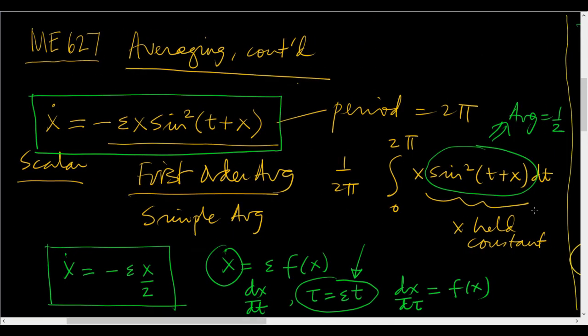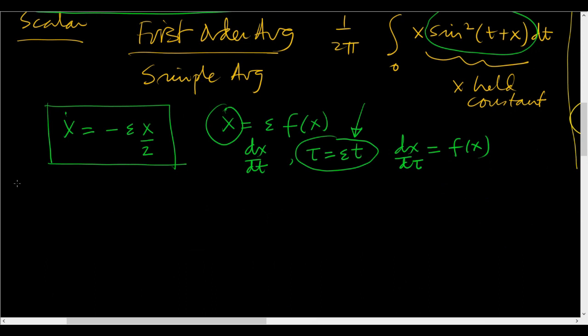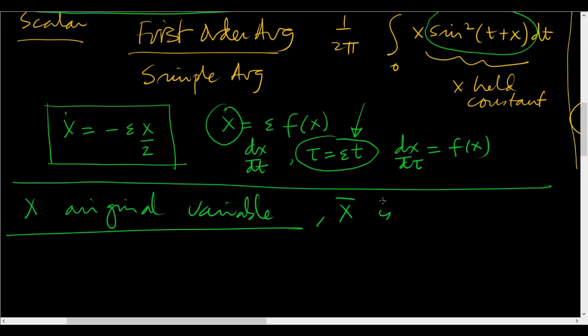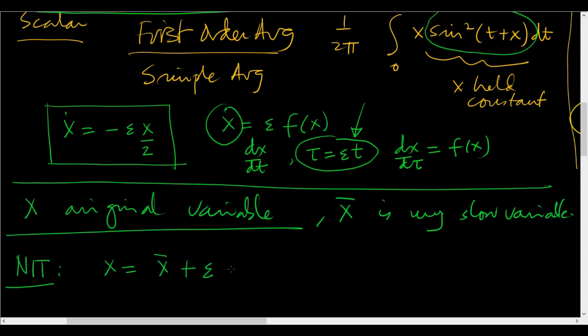So here we are. X is my original variable. X bar is my slow variable. What I will do is pose a near identity transformation, which I will say is x equal to x bar plus epsilon times some function which I have not chosen yet.